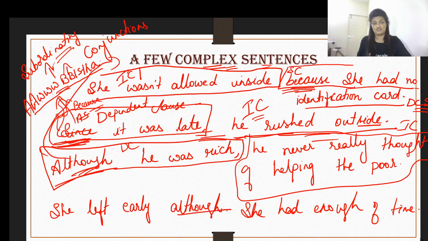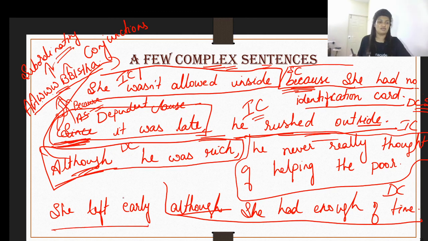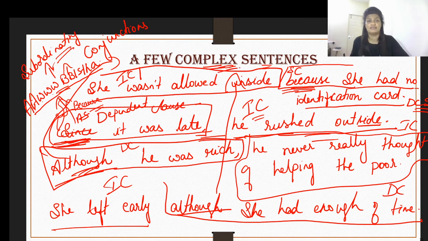So this is our conjunction over here. It goes with this clause, hence making it a dependent clause and making the other an independent clause, and this qualifies as a complex sentence.